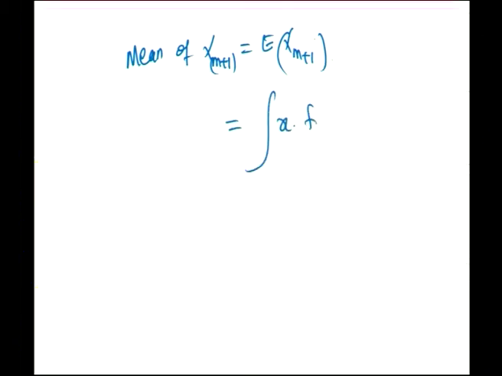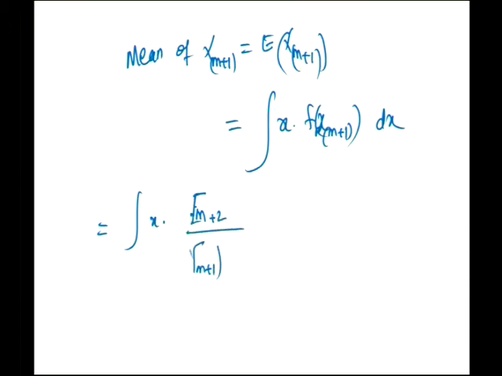Now, the mean of the X(m+1) observation is expectation of X(m+1), according to the formula, is x into f of X(m+1) dx, and this is equal to the integration of x into, just writing down all the formula we have just found out, gamma(2m plus 2) by gamma(m plus 1) whole square into x power m into (1 minus x) whole power m dx, and the limits are from x equal to 0 to x equal to 1 because of the uniform distribution.